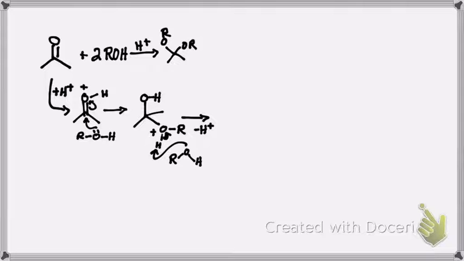And then I end up with this. I still have to get rid of that OH, right? Do you think OH will come off by itself? No, it's a horrible leaving group, right? So it needs to be protonated.